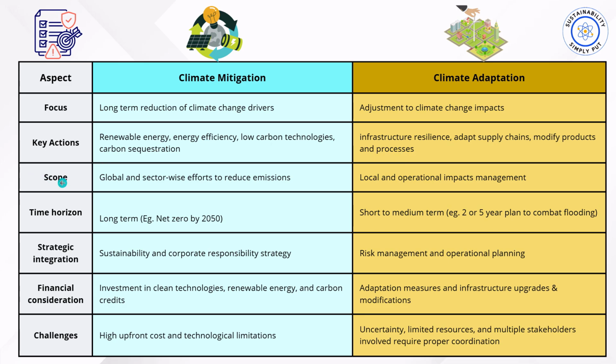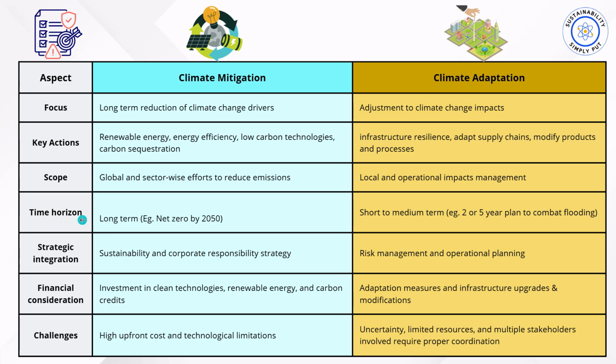The scope of mitigation is global and sector-wise effort to reduce the emissions, while adaptation is local and operational impacts management. So let's say there is a coastal region and there is a typhoon or a tsunami or such kind of event. How do we adapt our systems to manage these kind of risks?